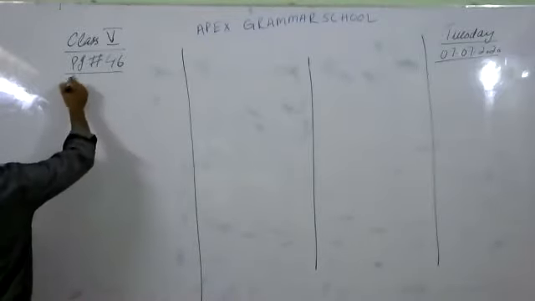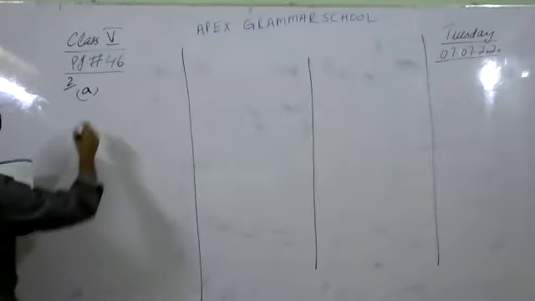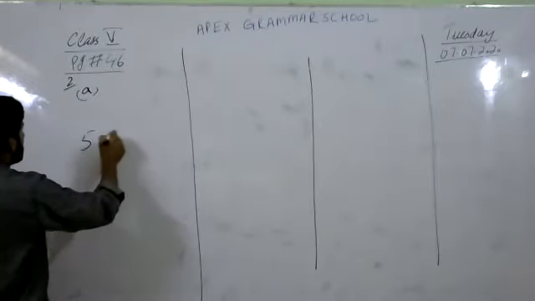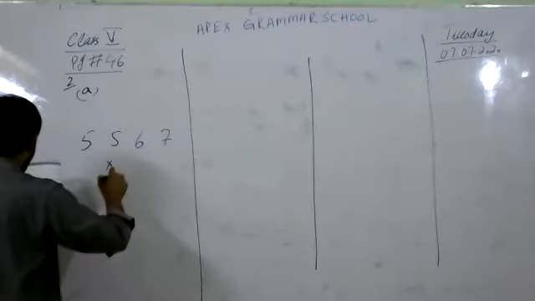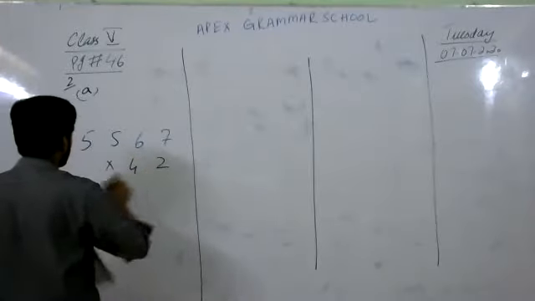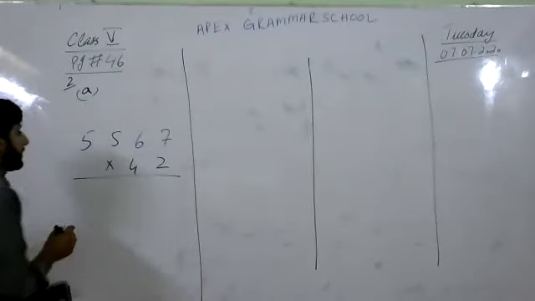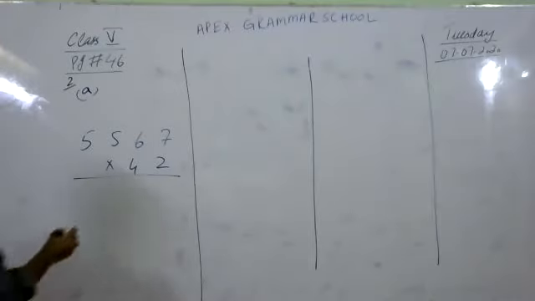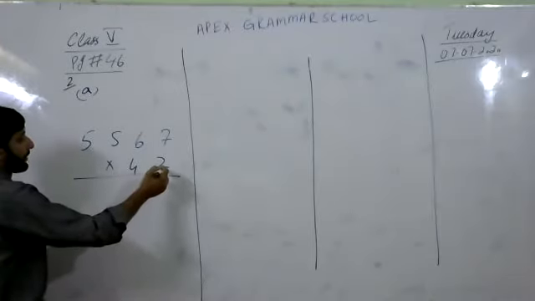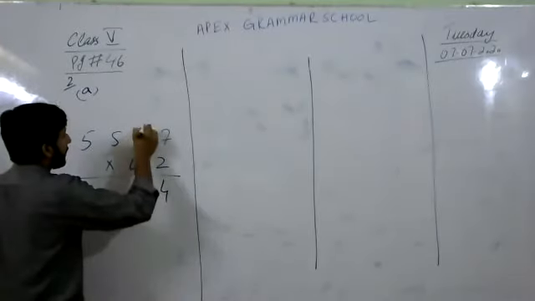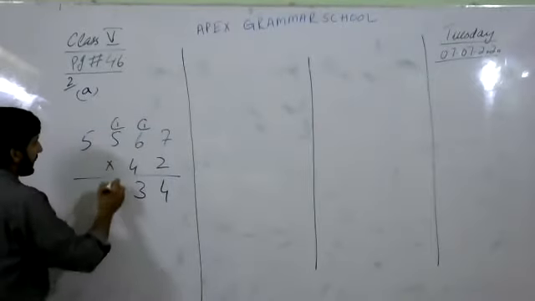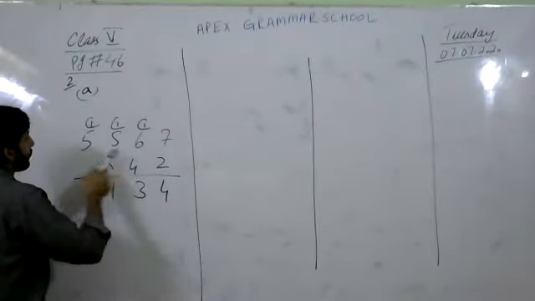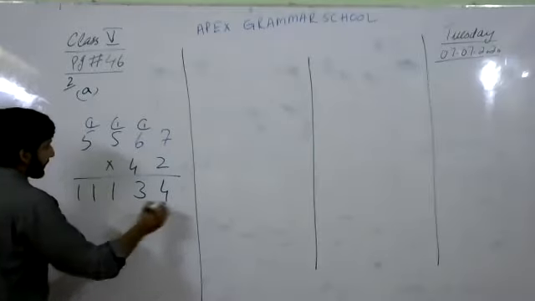A part of question 2, 5567 multiplied by 42. This is multiplication of a 4-digit and a 2-digit number. First of all, we will multiply with 2. 2 times 7 is 14, 1 carry. 2 times 6 is 12 and 1 is 13, 1 carry. 2 times 5 is 10, 11, 1 carry. 2 times 5 is 10 and 1 is 11.